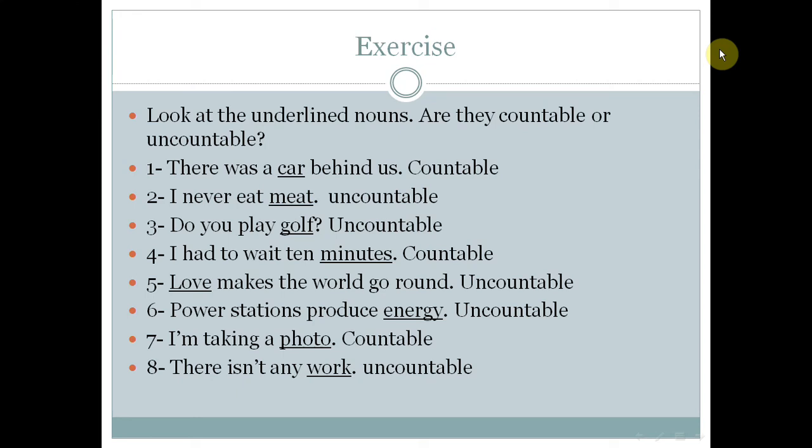I had to wait 10 minutes. Minutes, countable noun. Love makes the world go round. So love is an uncountable noun, abstract noun. The power station produces energy. So energy, uncountable noun. I'm taking a photo. A photo is a countable noun. There isn't any work. Work, uncountable noun.